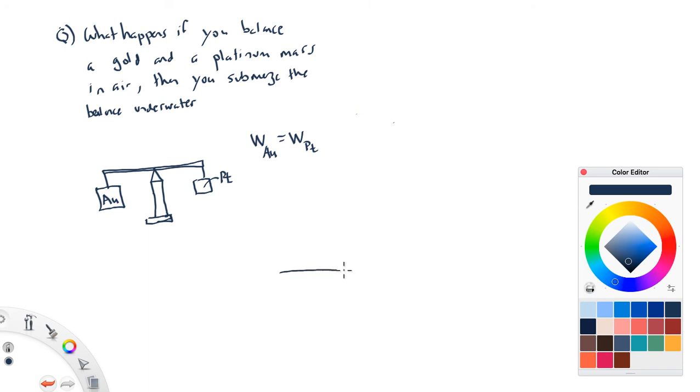If we take this entire situation, I don't want to take the time to try to cut and paste. That'll take me a minute to figure that out. So I'll just redraw it. If you take this entire thing, you've got the gold block on this side and the platinum block on this side, and you take the whole thing and you submerge it, what's going to happen? Well, what do you think?